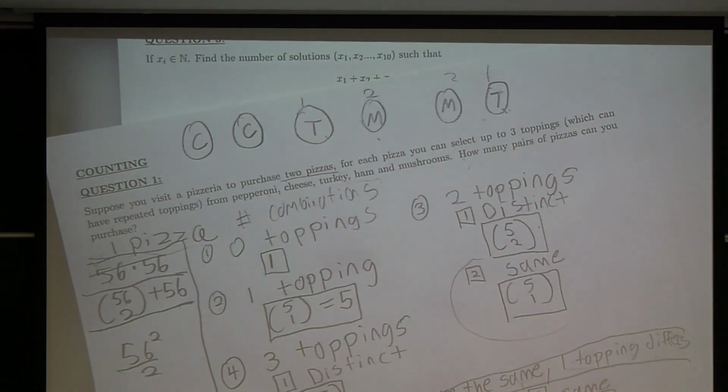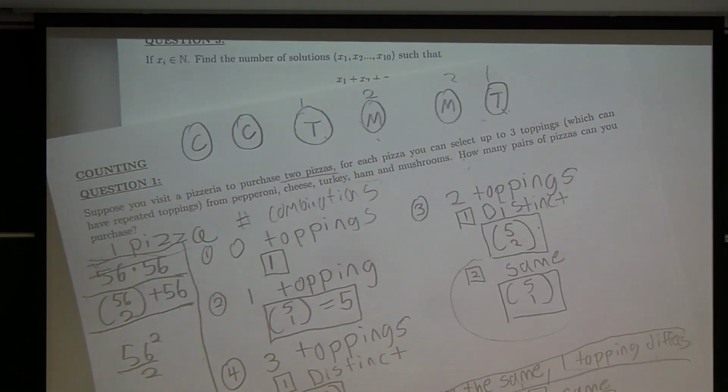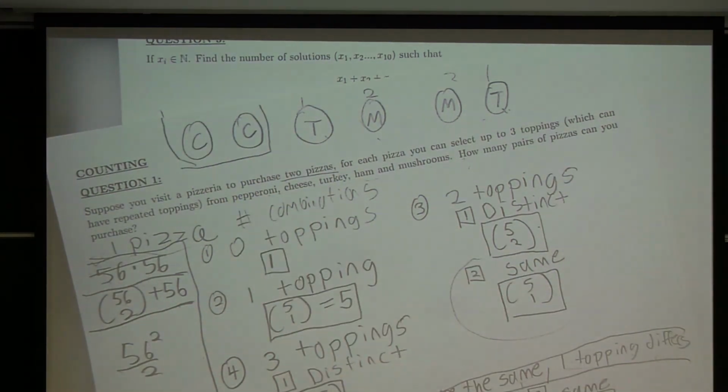But the problem that arises here is in our count of 56 squared, we will have pizzas that appear twice or the same. For example, cheese pizza and cheese pizza. So that only appears once in the count of 56 squared. If we divide it by 2, we'll get 0.5 of a count, which doesn't really make sense.